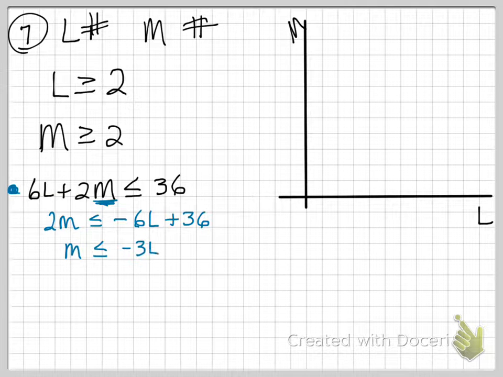So I get negative 3L plus, what's 18? Yeah, it's 18, right? 36 divided by 2 is 18. Now, we can graph things. Yes, we can actually graph it.